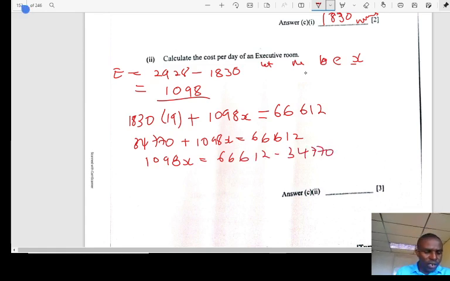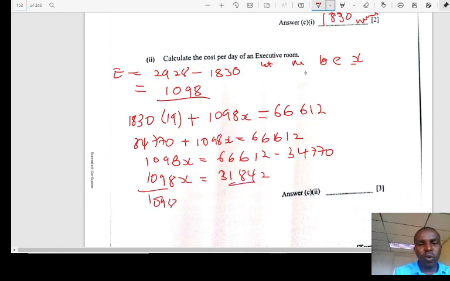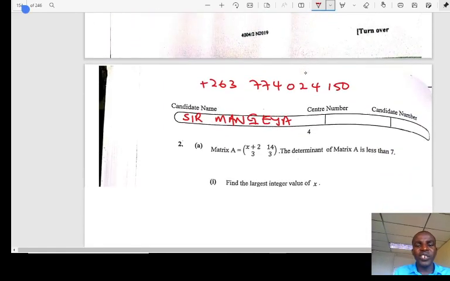Then you subtract, you get 1098x is equal to 31842. Then you divide by 1098 both sides to get the cost. You get 29. So the cost is $29 per each executive room.